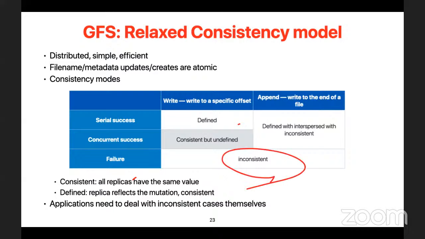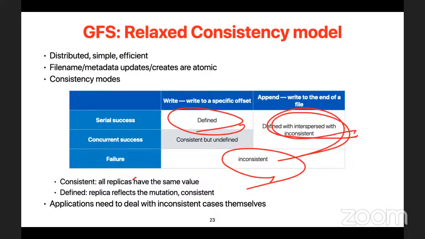First of all, if it fails, it means that nothing here is trustworthy. And if your file is defined, which means your file is now in a status of defined, it means that the content is trustworthy, and there may be some inconsistency, but mostly trustworthy.